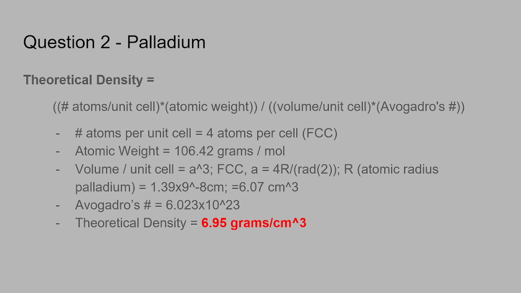For palladium, the radius is 1.39 times 10 to the -8 centimeters. Altogether, the volume per unit cell is 6.03 centimeters cubed. Avogadro's number is 6.023 times 10 to the 23rd. Combining all these into the theoretical density formula gives you 6.95 grams per centimeter cubed.